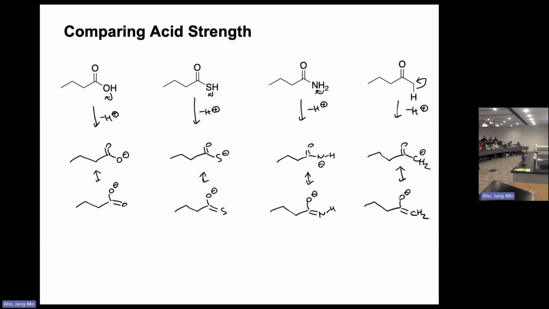Sulfur negatively charged is better than oxygen negatively charged, not by electronegativity but by size. The same rule goes the same way. Sulfur being negatively charged makes it more stable than oxygen being negatively charged. So if you want to sort out between these two, you've got to use size, because they belong in different rows of the periodic table.